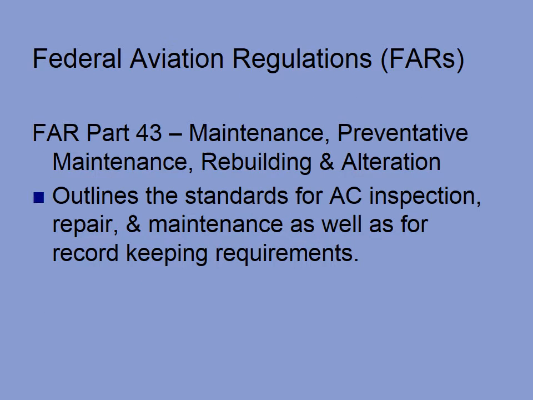FAR Part 43 is the section with which you, as an aircraft mechanic, will likely become the most familiar. Part 43 outlines the standards for aircraft inspection, repair, and maintenance, as well as for record-keeping requirements.